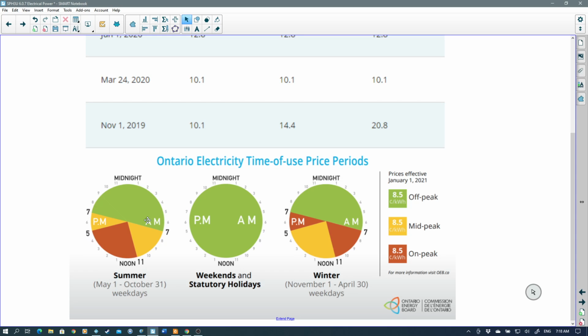Okay, and that's during the summer. In the winter, you can see that it switches. All right, so that's what these three pie charts are showing, is when you're on the different peak times. So it's a lot less expensive to use electricity usually, if you look at the chart up here, at the off-peak time than it is for the on-peak time.